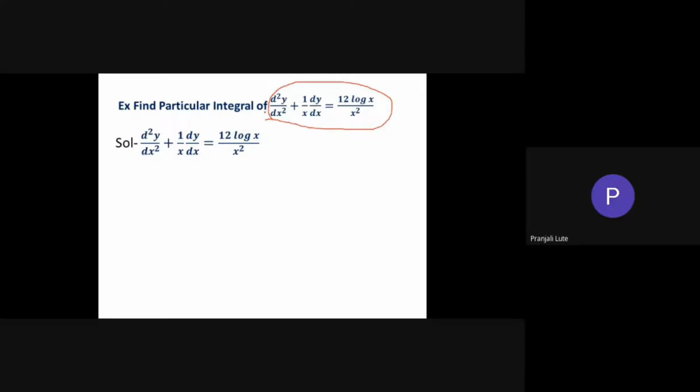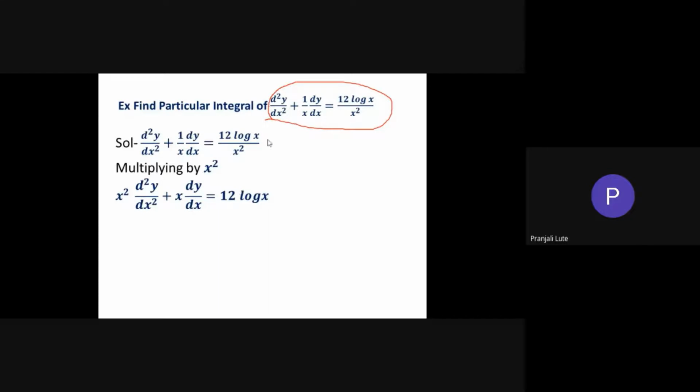So this equation is x square d square y by dx square plus, multiplying by x square, x gets cancelled, so x into dy by dx equal to 12 log x into x square. So x square gets cancelled, and your answer is only 12 log x.